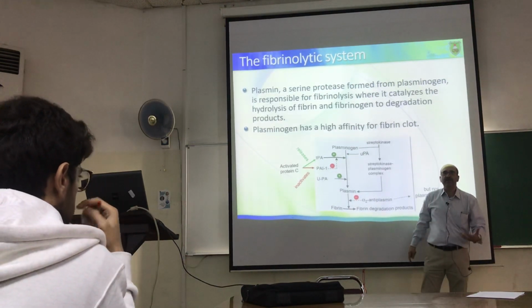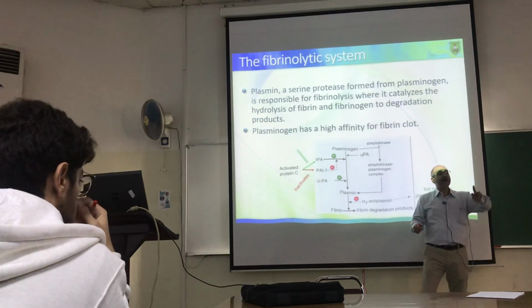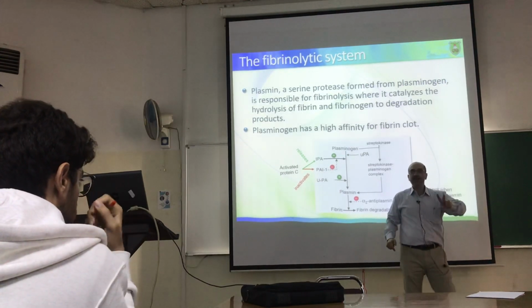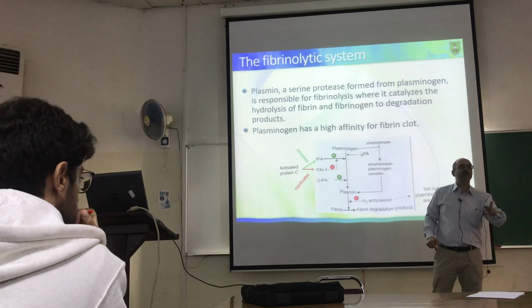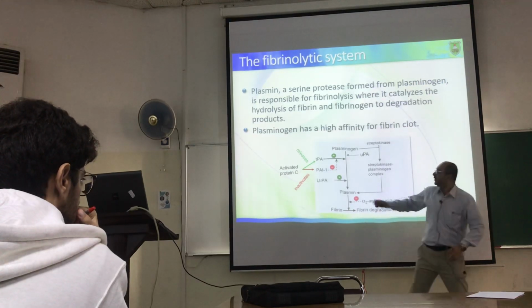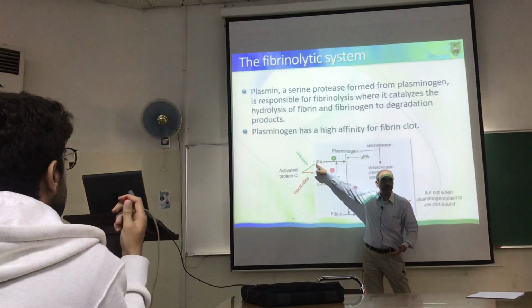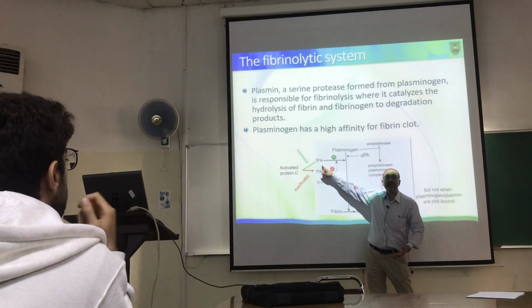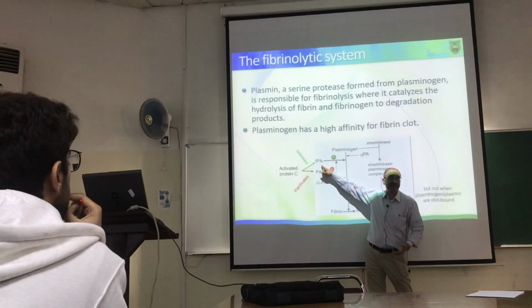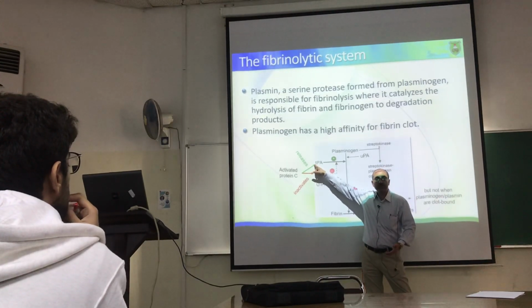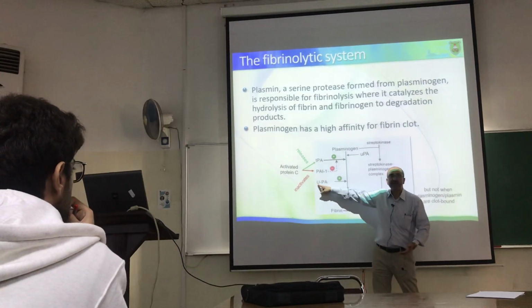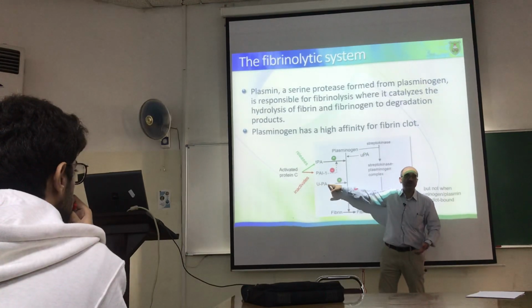And it's regulated by an activator, and it's also regulated by an inhibitor. So the activator is known as plasminogen activator, PA. And there are two types of plasminogen activators. We have tissue plasminogen activator, and we have urokinase plasminogen activator.